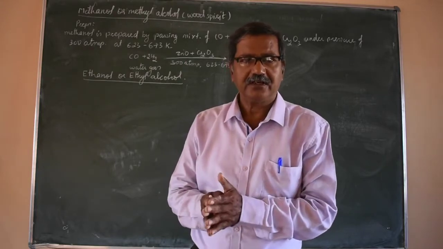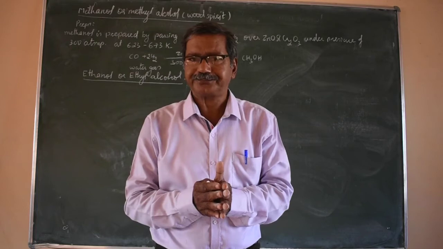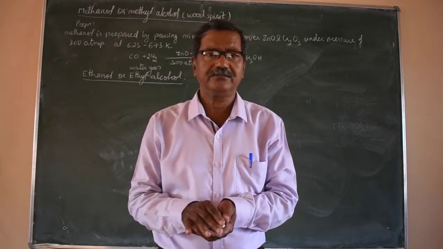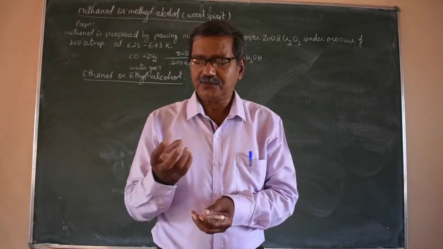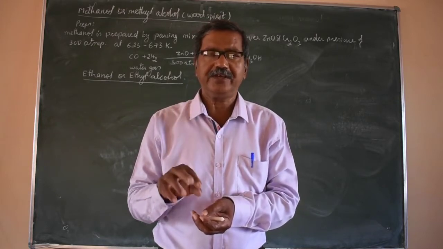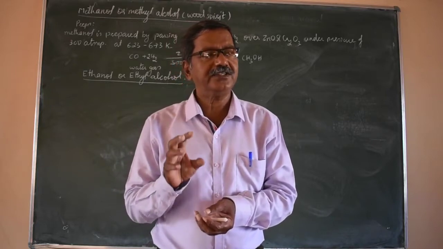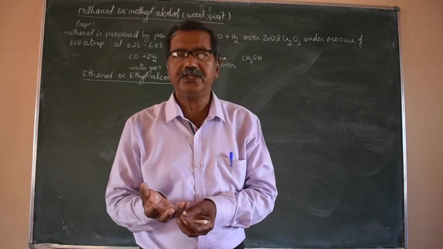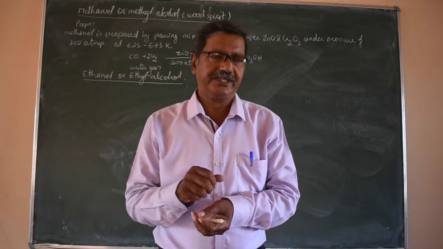From that, alcohol can be obtained. The method is very simple. Molasses is diluted with water, then yeast is added. Yeast secretes two enzymes, that is zymase and invertase. In presence of enzyme invertase, the conversion of sucrose into glucose and fructose takes place.